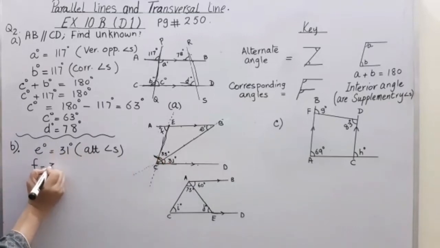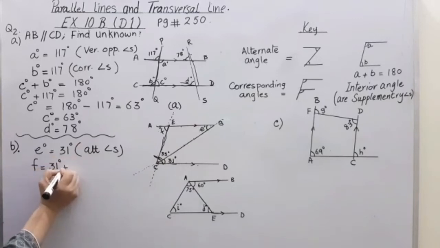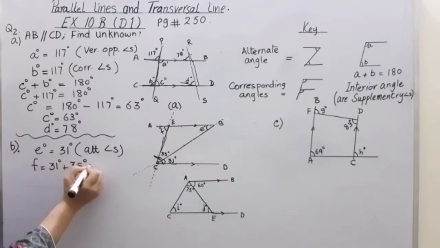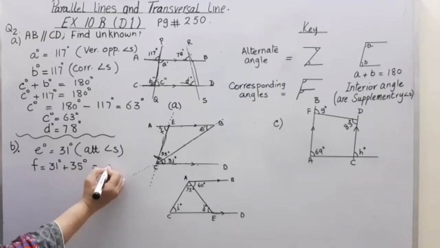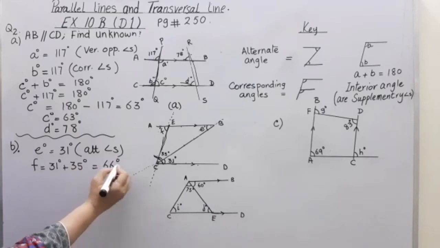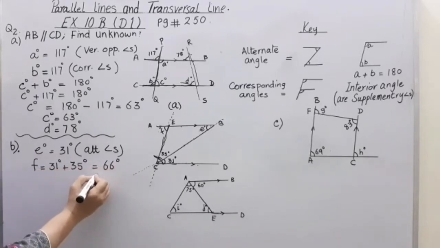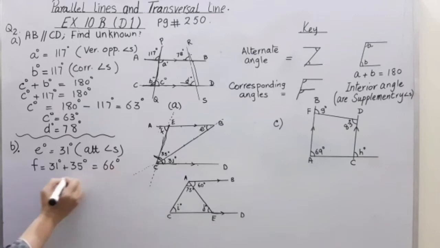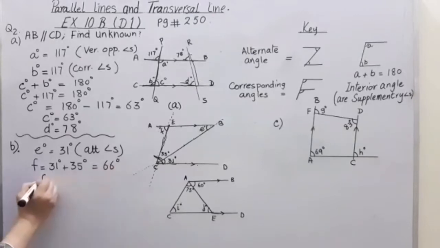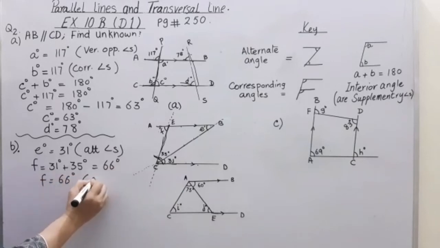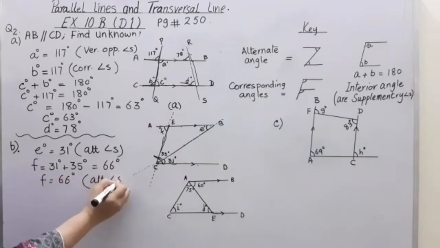Z is equal to 31 plus 35 and equals 66. And these are also alternate angles. Give the reason here too: F is equal to 66 and these are alternate angles.